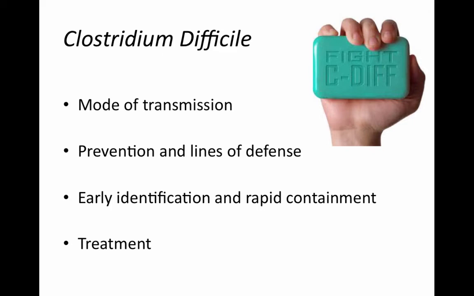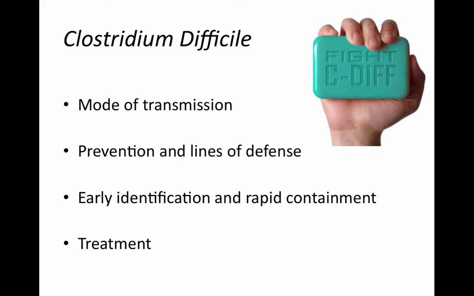Actually, this is also known as antibiotic-associated diarrhea. That's a little more aggressive than just the regular diarrhea that you would have from antibiotics. This can actually cause pseudomembranous colitis and become quite dangerous, especially for elder persons.